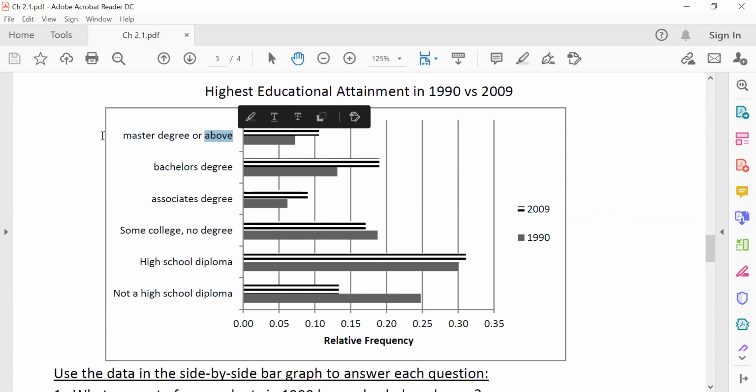And so the data is their response. The data would be master's degree or above, bachelor's degree, associate's degree, some college, etc. Their response would be the data in this case. And what we're doing then is imposing numbers onto that by saying, okay, what percent of people, or what frequency of people, we're asking about that.